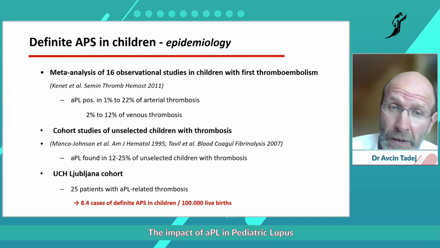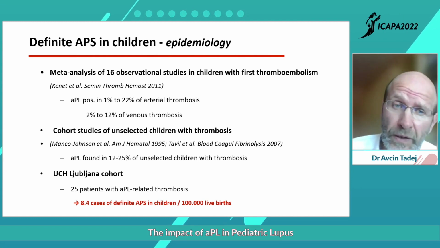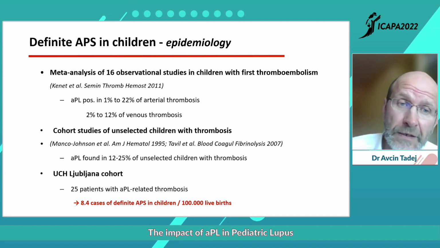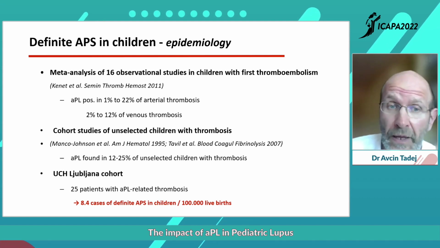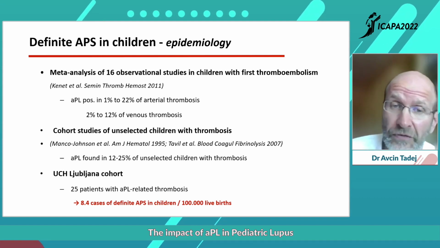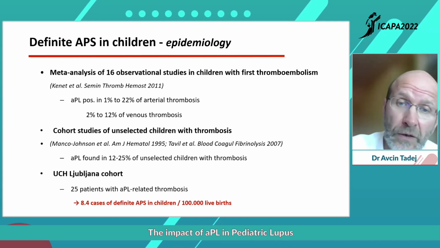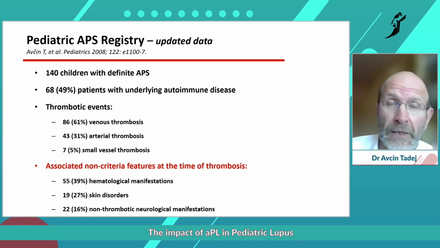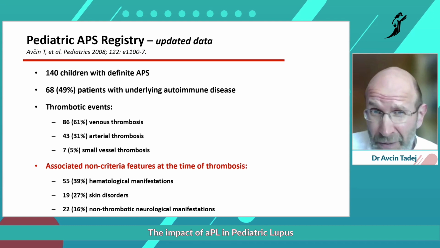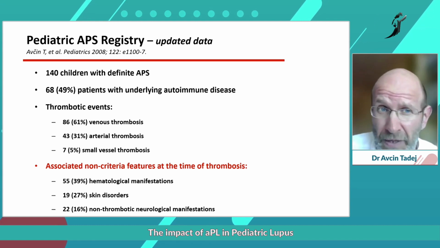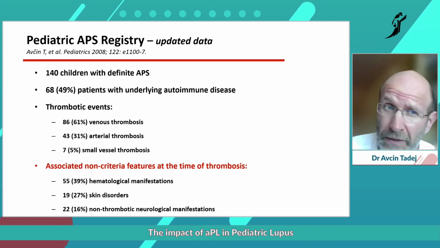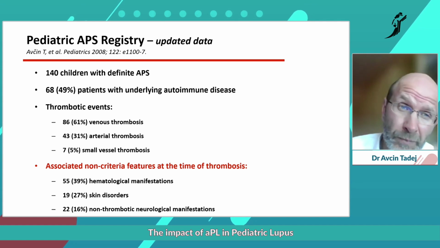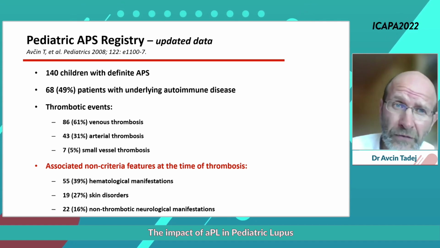In our country, we estimated the frequency of aPL-related thrombosis at approximately 8.4 cases of definite APS per 100,000 live births. These are updated data from the pediatric APS registry. Currently, we have follow-up data of 140 children with definite APS.